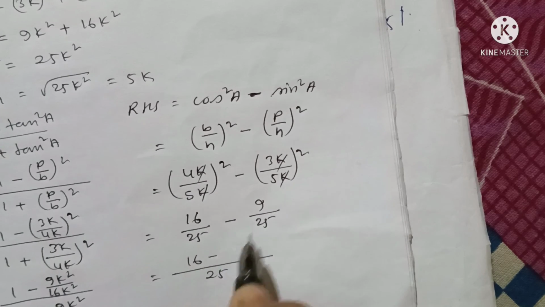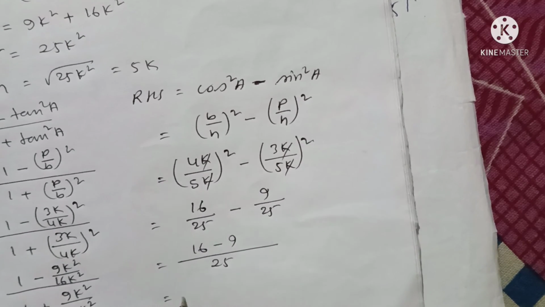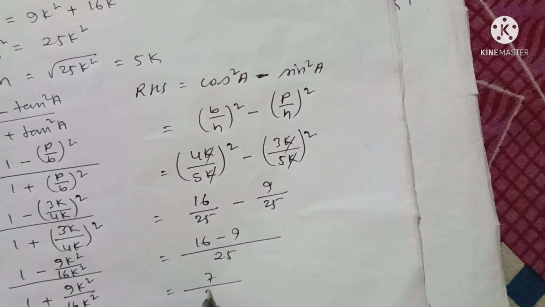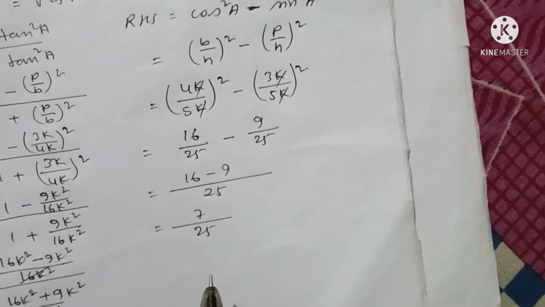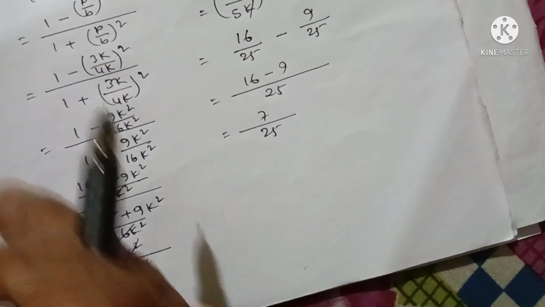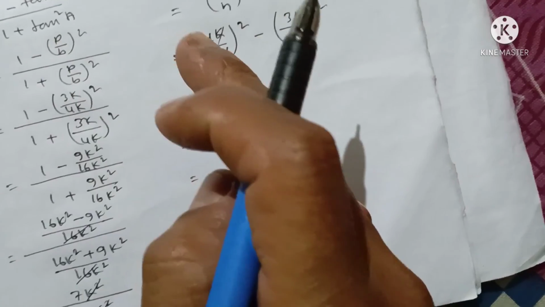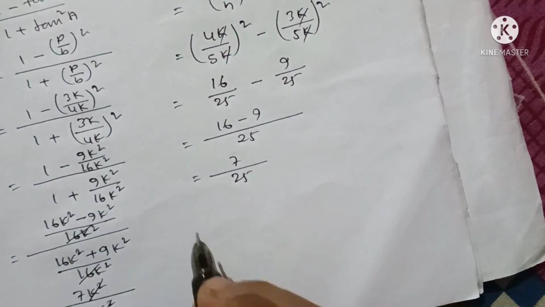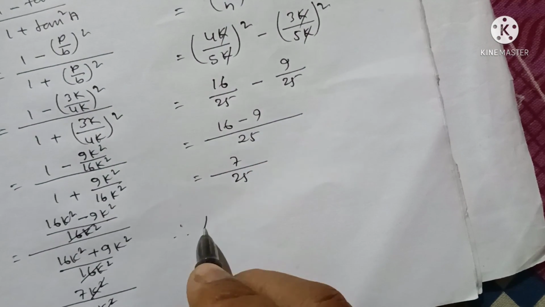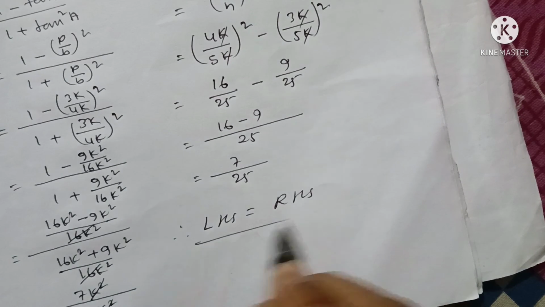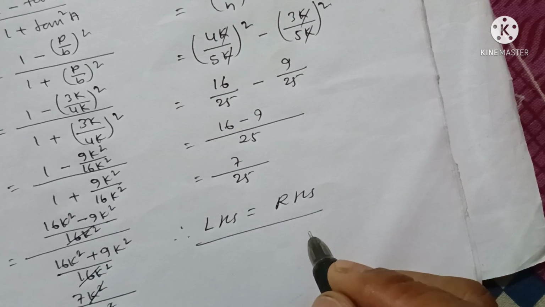Here 16 minus 9, its subtraction is 7, over 25. Then we have found here left hand side is 7 by 25, right hand side is also 7 by 25. That's why left hand side is equal to right hand side. This is the result.